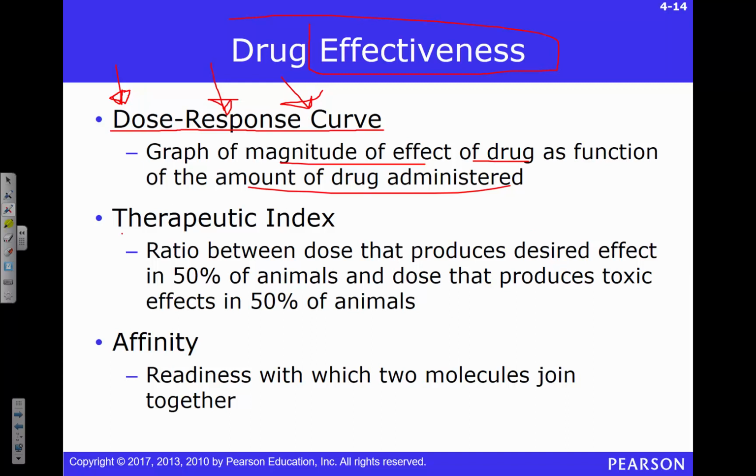Now, there's a thing called the therapeutic index. This is important. For our purposes, we're going to think about drugs that we're going to give you to make you feel better. And for this, we want to know what's the therapeutic index on this. How many of you are familiar with side effects? Yeah, all medications have side effects, right?